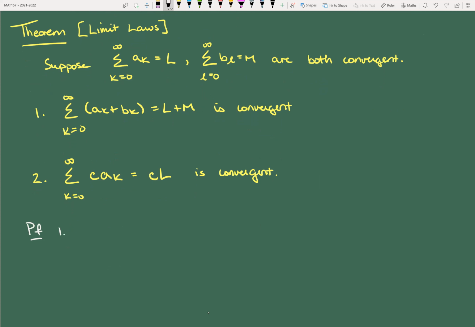So I'm only going to prove one, and I'll prove it very quickly. I'm going to let capital A and capital B be the partial sums of each of these series.